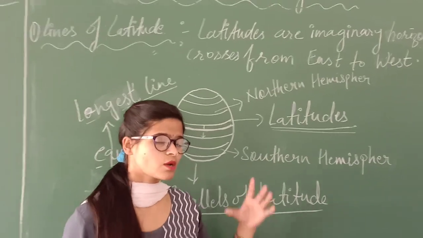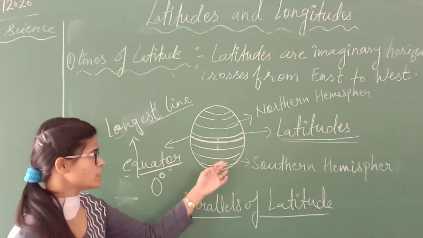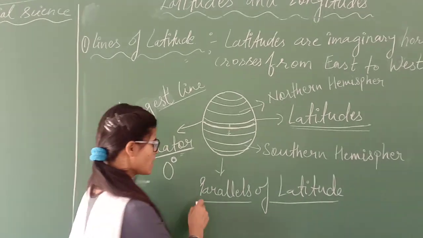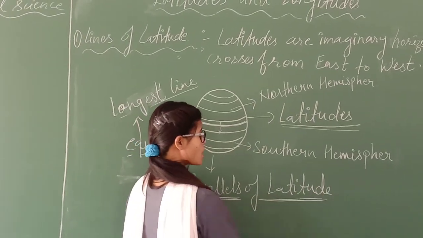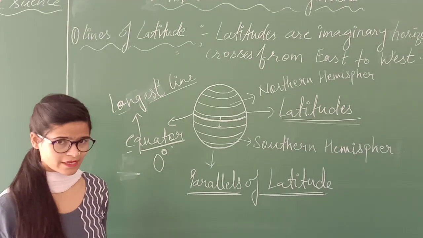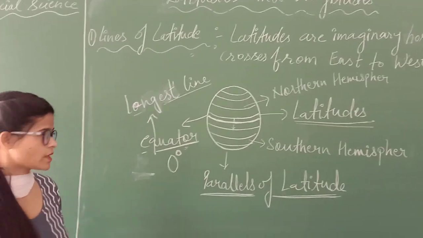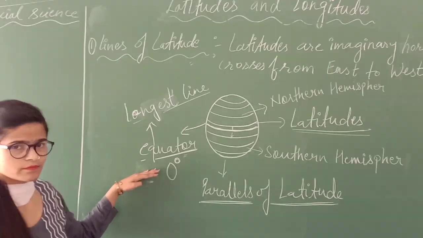Here, these two lines are able to see each other, that is why they are parallels of latitude. So this is the latitude, and it is at 0 degrees.